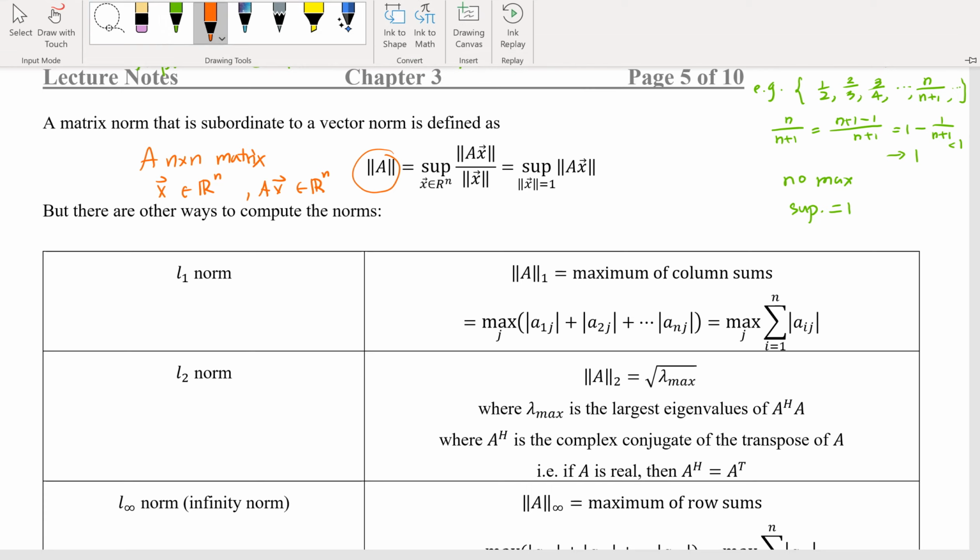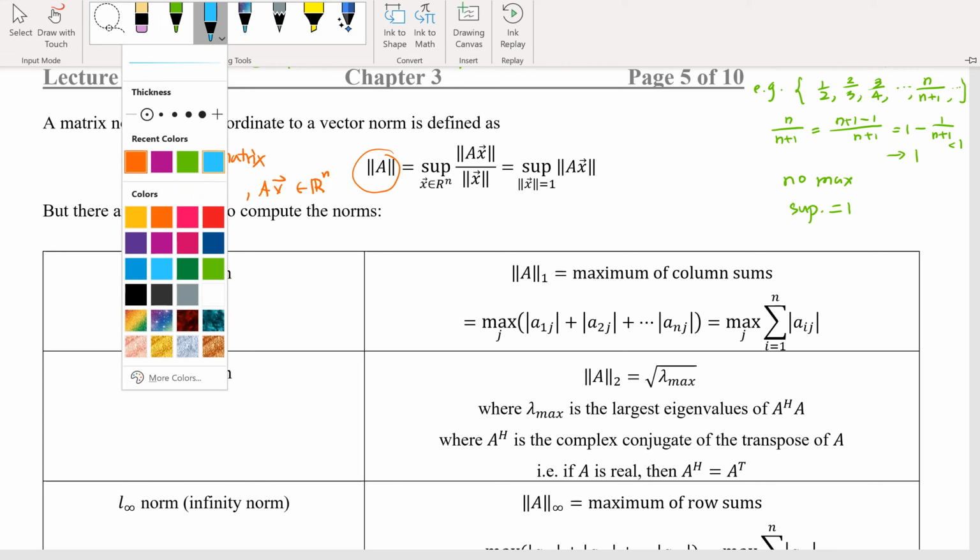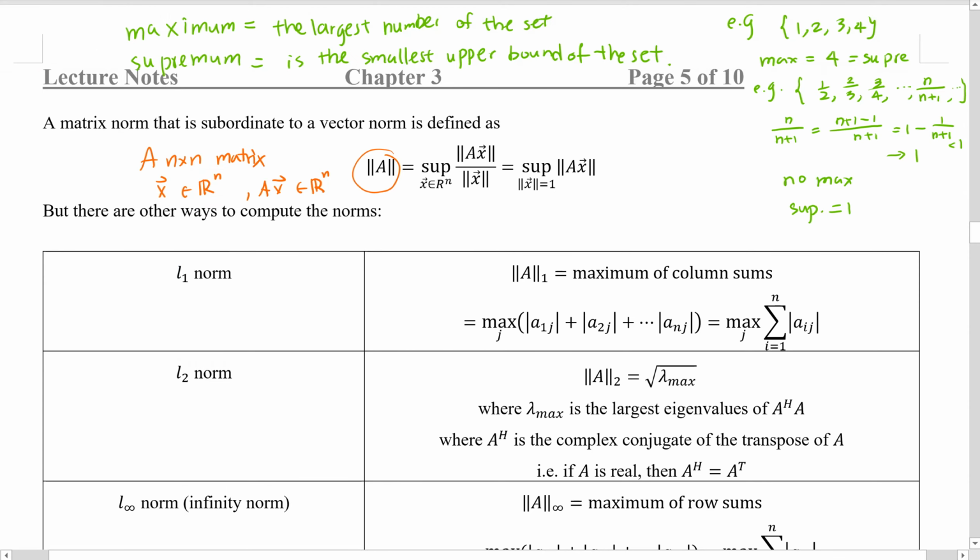Next, let me use a different color here. Okay, so it's the supremum of the norm of the vector Ax over the norm of x. And actually, instead of looking at all vectors in Rn, it is enough to look at the unit vectors in Rn. Why is that?